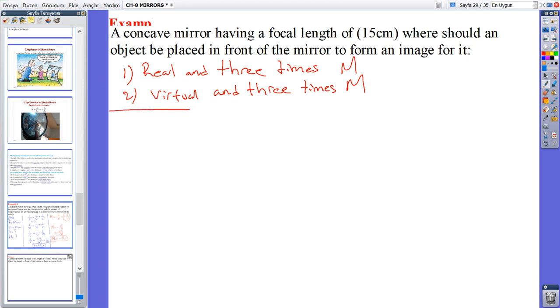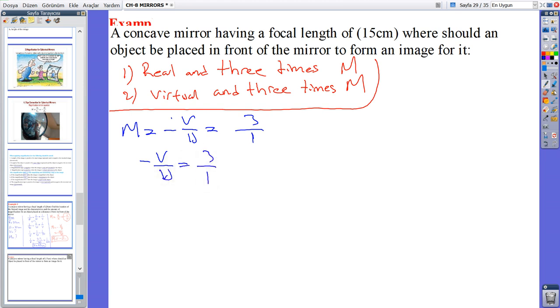Our equations, if you remember our equation about magnification, magnification equals minus v over u. Say it is 3 times magnified, meaning 3 over 1. So negative v over u equals 3 over 1.